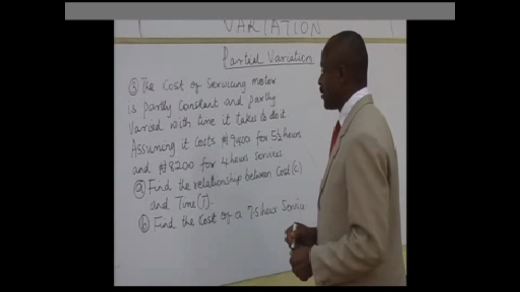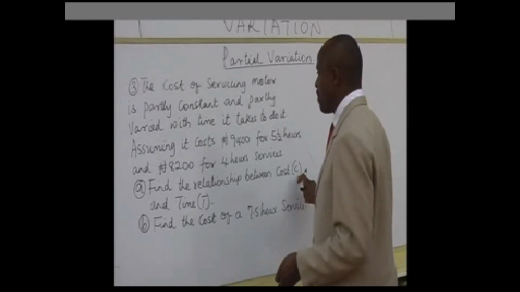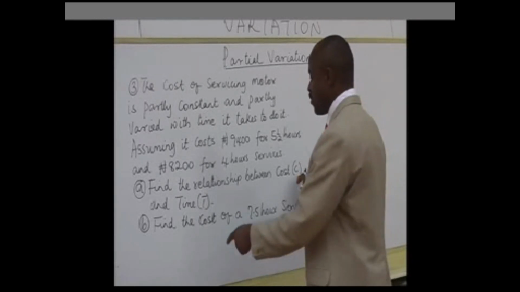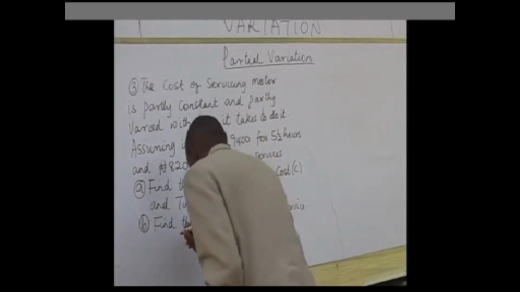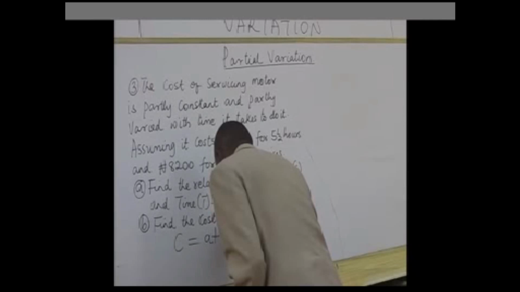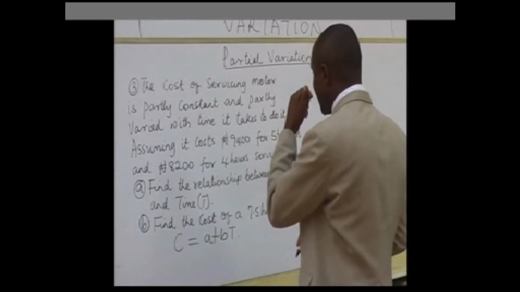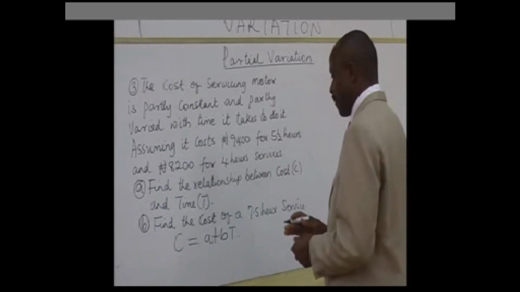Partial variation. Costs, partly constant and partly varied with T. That means C is equal to A plus B T. That is the partial variation equation.